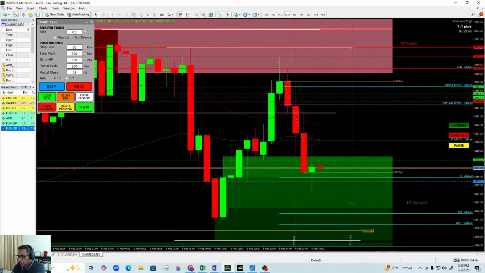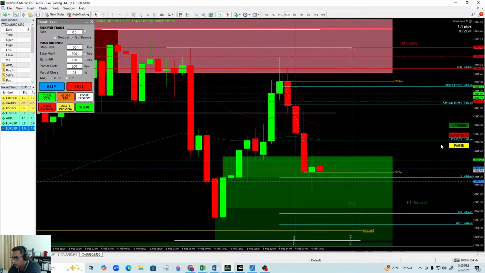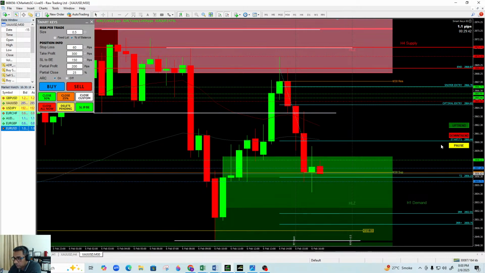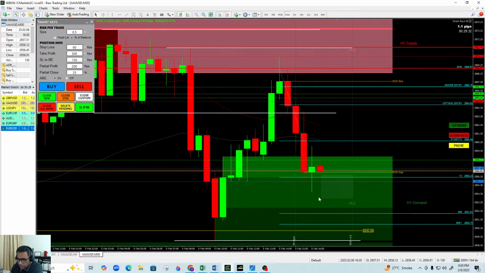That's how you keep your losses small. Managing risk is the only way to keep your losses small and keep your winners big. That's the only way. So price might come down. We closed a kind of a doji and price might come down. That's absolutely fine. But there's a probability price can break this high and head higher also.